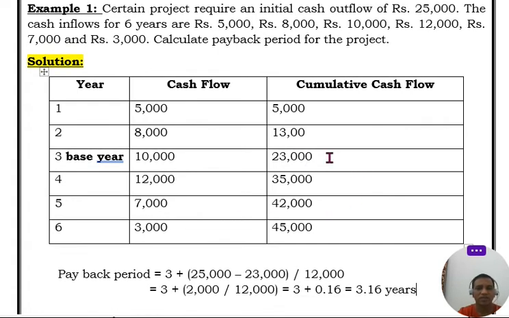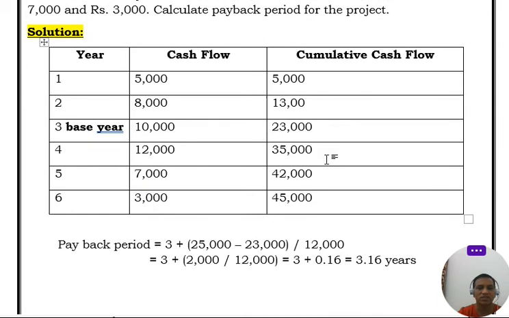Then we find out where exactly our cost of the project is covered. It is between the 3 and 4. So 3 years is called the base year. Up to 3 years only 23,000 is covered. So the balance 2,000 is divided by the cash flow of the next year, which means the fourth year cash flow, 12,000.